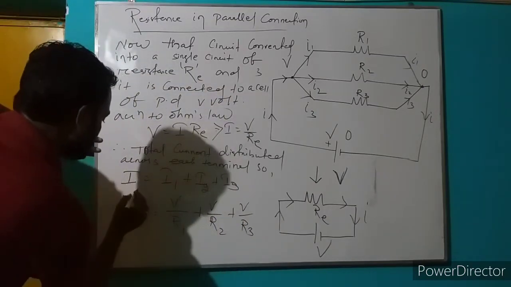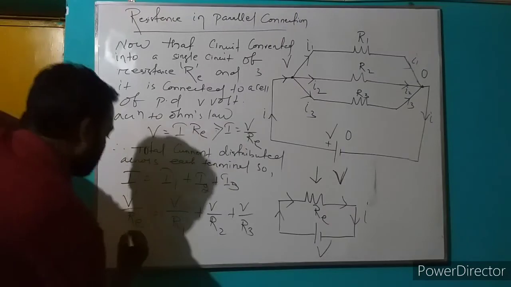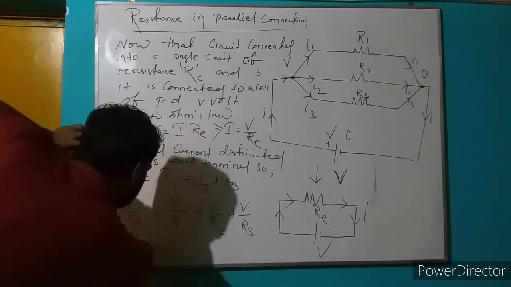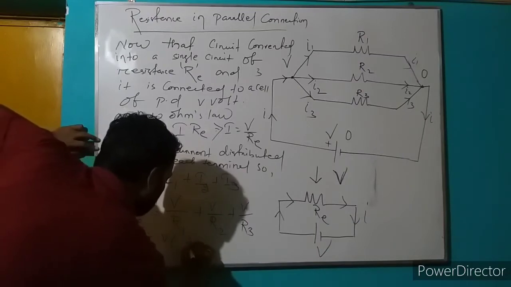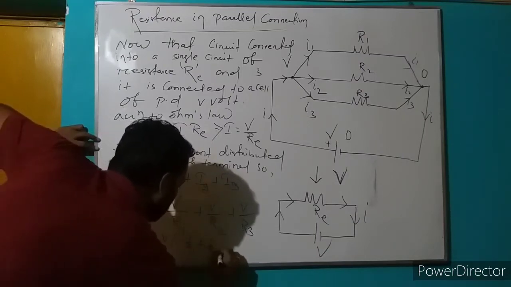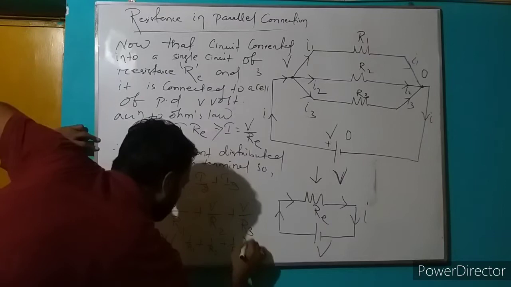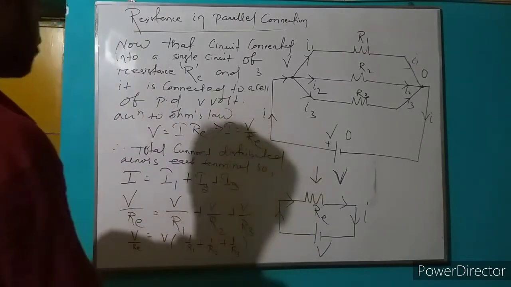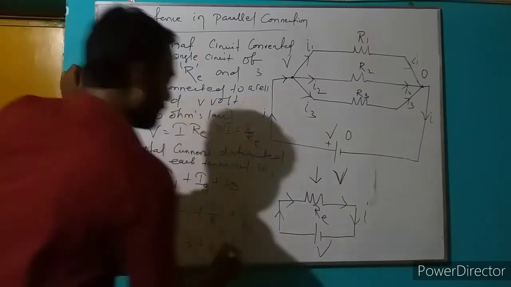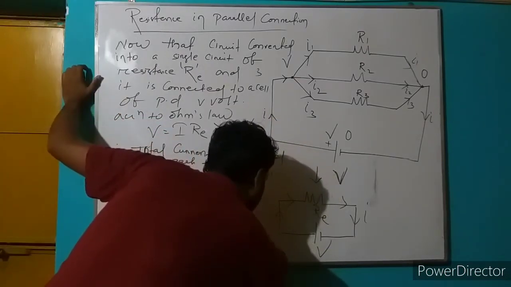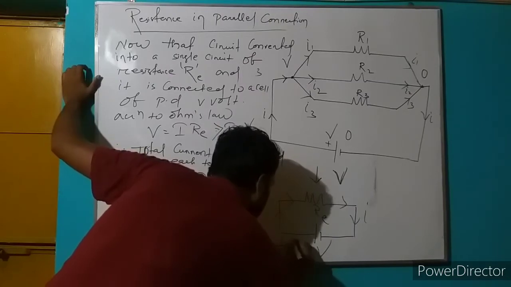If you cancel, V by RE equals V taken in common, 1 by R1 plus 1 by R2 plus 1 by R3. Clear? So V and V cancel out. That's why 1 by RE equals 1 by R1 plus 1 by R2 plus 1 by R3.